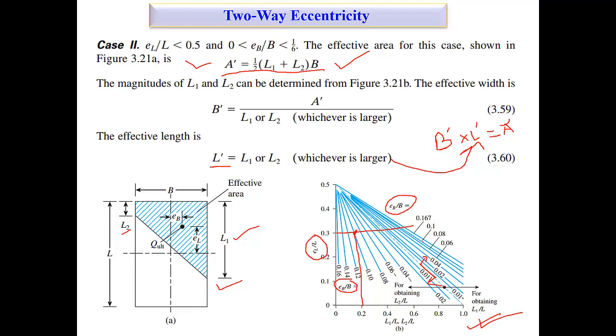So 0.1 is this line, and this line intersects here. If you go down like this, maybe just here 0.6. So L1 by L would be 0.6. Is that clear? That is how you can calculate L1 by L and L2 by L from this graph.